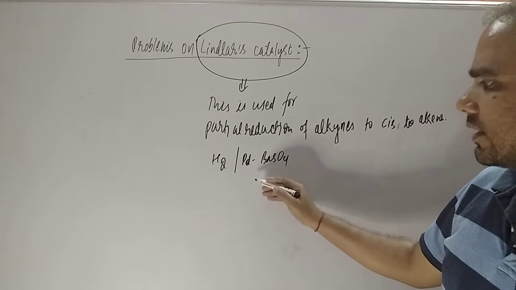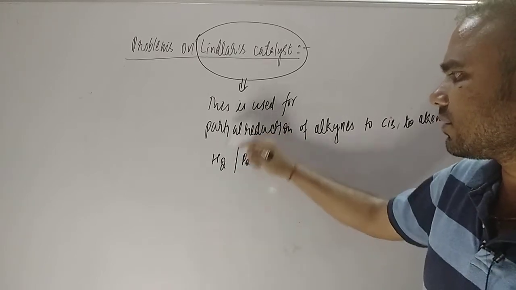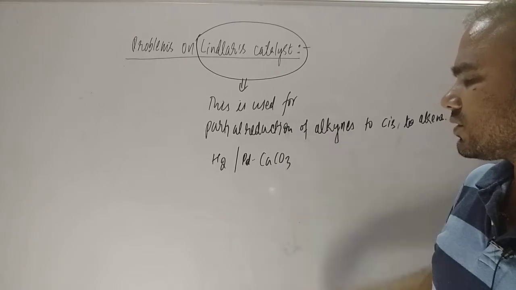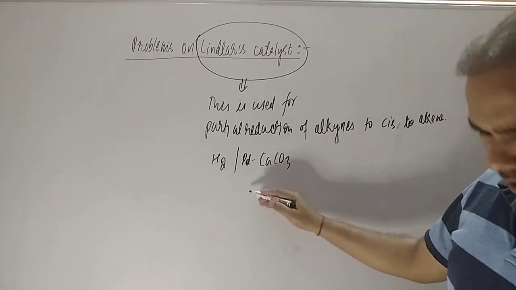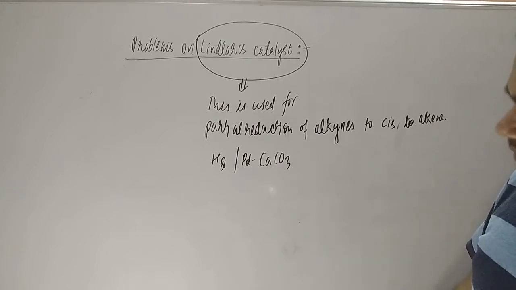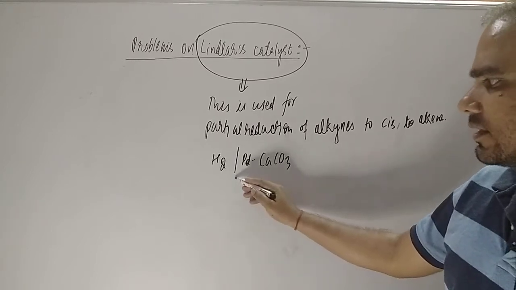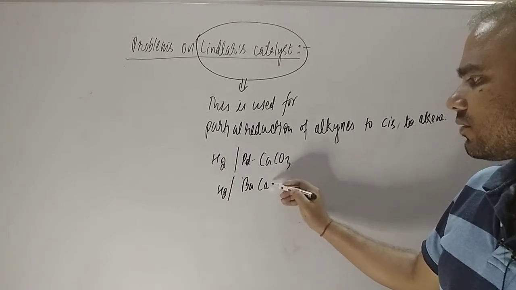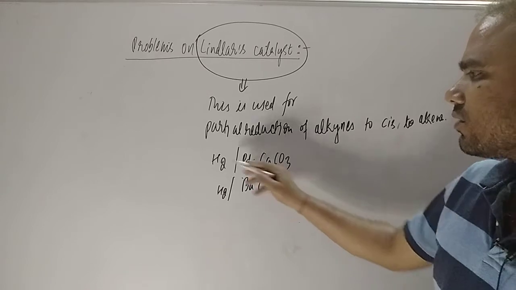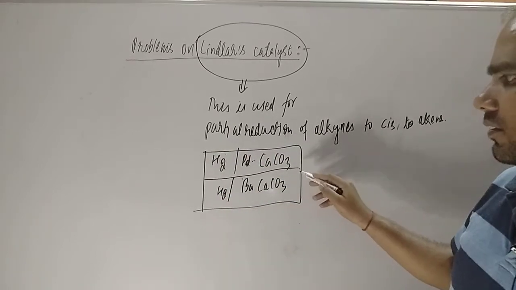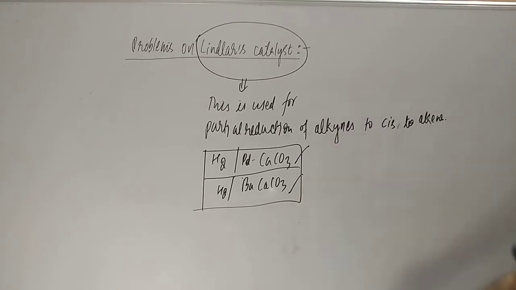Or in place of barium sulfate you can write PdCO3, palladium carbonate, or barium carbonate, CaCO3. So better, in place of sulfate you have to take carbonate. So these two catalysts we have to use.